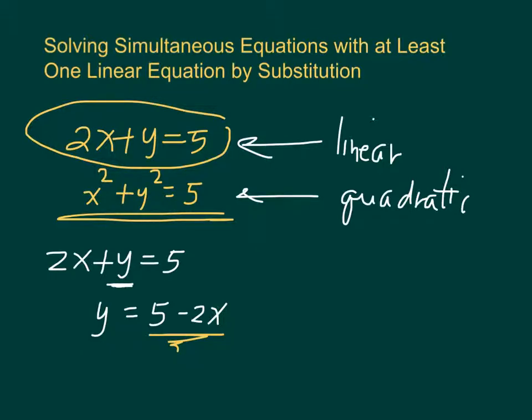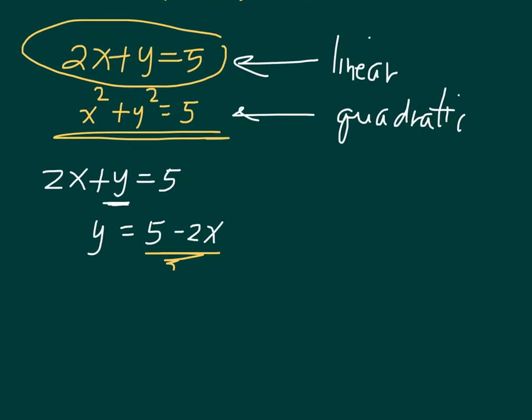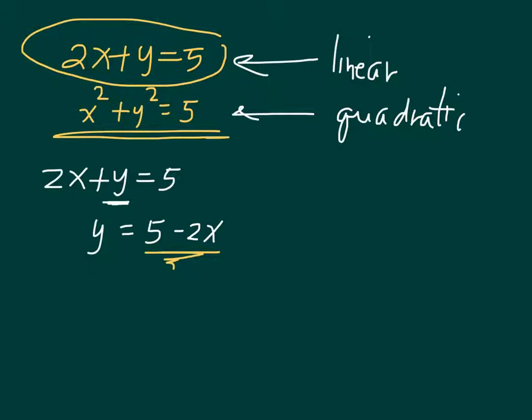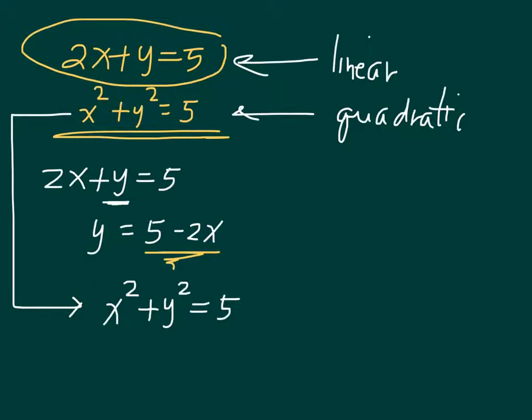So as we continue, let me show how the quadratic equation will be changed. So we have x squared plus y squared is equal to 5 as the equation. And now knowing that y is 5 minus 2x, that will allow us to change this y.